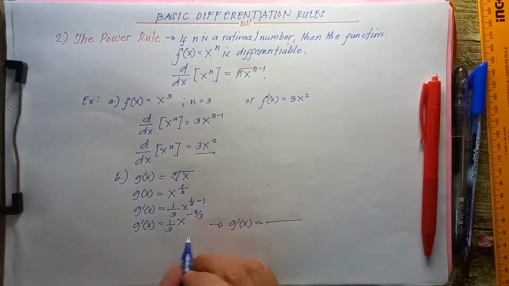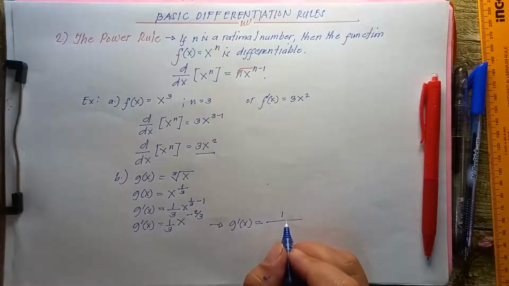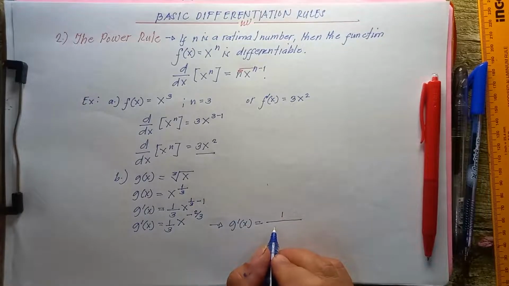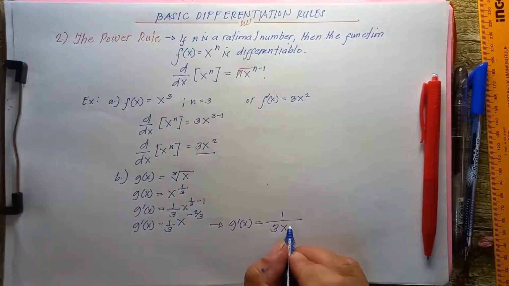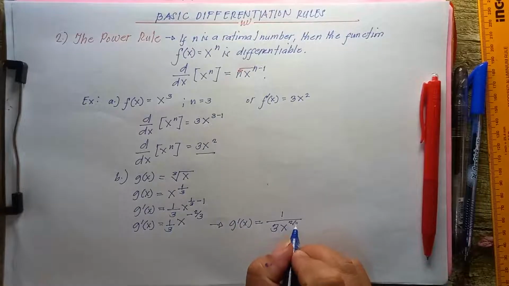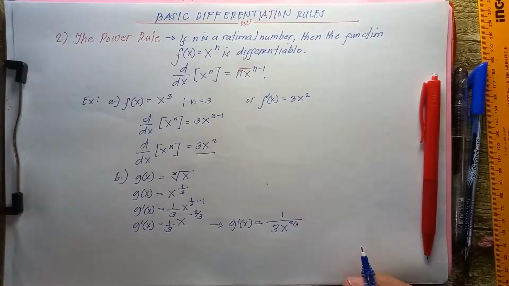So bring this down, and we have now 3 times x raised to 2/3. So that must be the derivative.